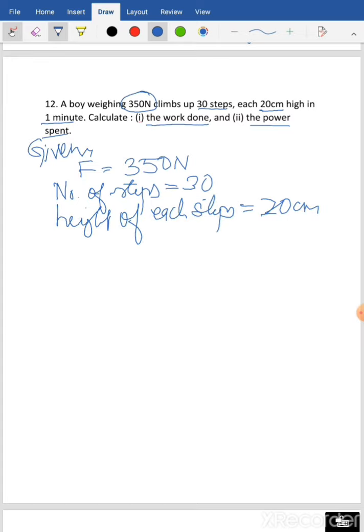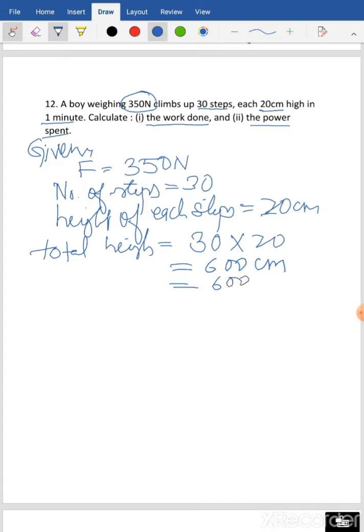So the total height will be how much? Number of steps multiplied by height of each step, so that is 600 centimeter. So when I convert this 600 centimeter into meter, I have to divide by 100. So I will get 6 meter. So 6 meter is the height.